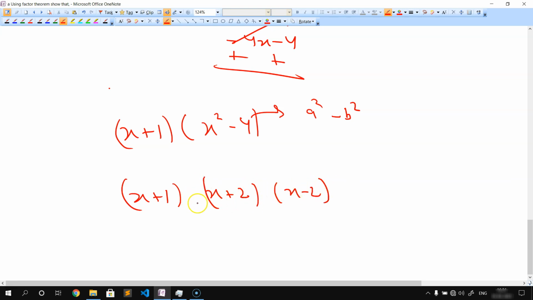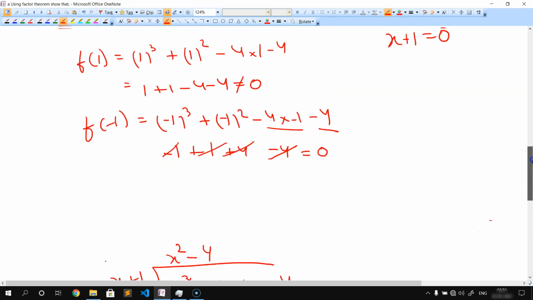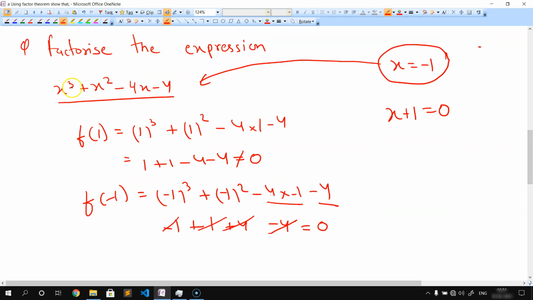So that's the answer. We will keep doing this until we get remainder as 0. First we will try 1, then minus 1, plus 2, minus 2, 3, minus 3, and like that.